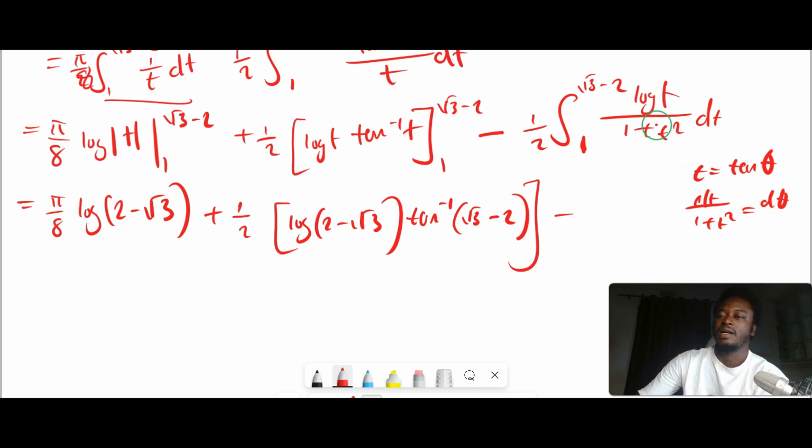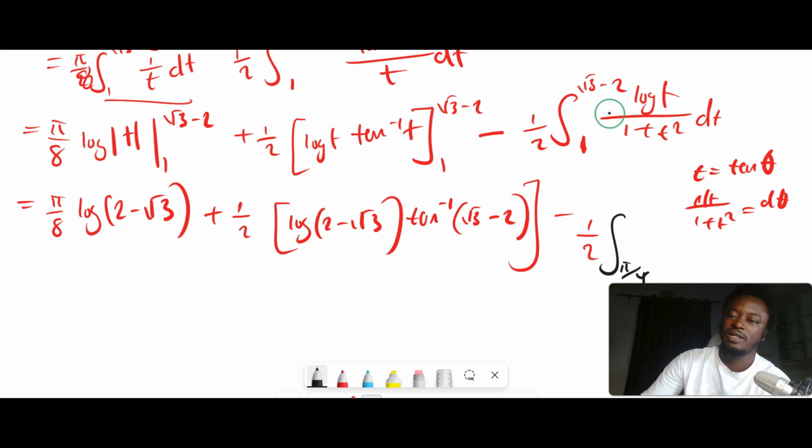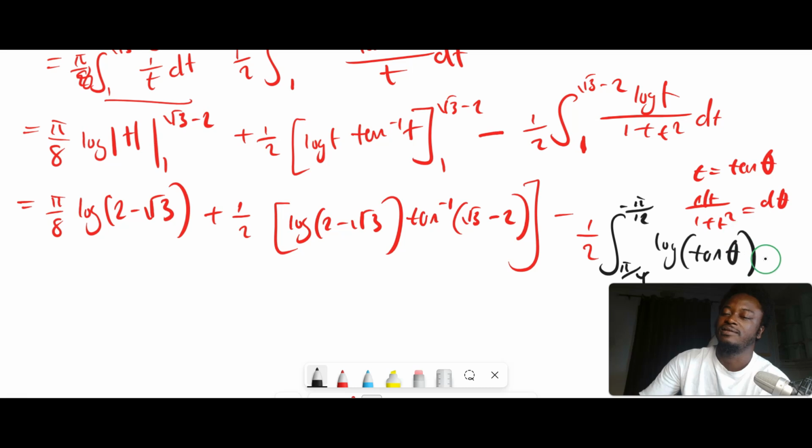Now when t is 1, you have pi over 4. So this is going to be half times the integral from pi over 4. When t is square root of 3 minus 2, that should be negative pi over 12. Then you have the logarithm of tan of theta d theta.